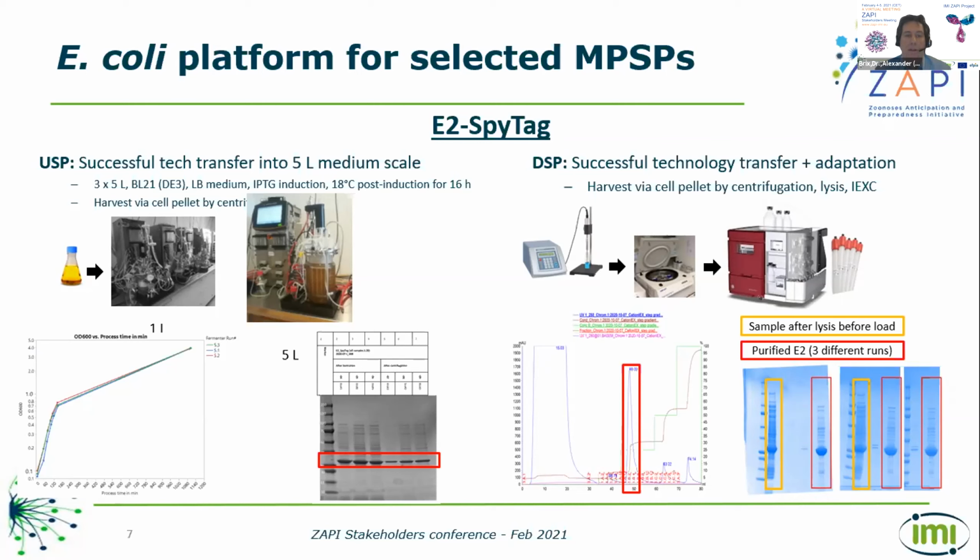Anyways, those processes were repeated 3 times at the 5-liter medium scale, upstream and downstream, and this will now be taken further into the large scale at a different site, not in Hanover anymore. Next slide, please.